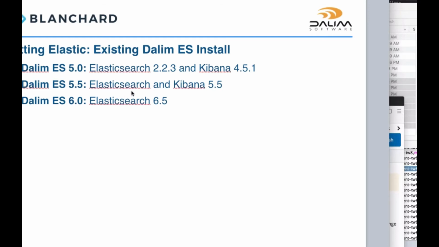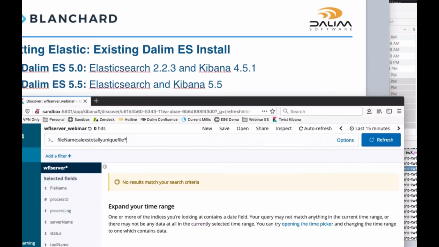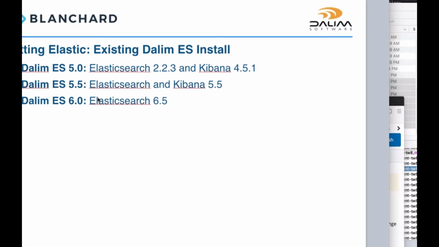So you had to pay them for the ability to lock it down, so that people had to log in to view Kibana, for example. But as of, I think, ElasticSearch 6.3 or 6.4, that's one of the free features where you can lock that down. And on the Dalim side, ES has support for that lockdown as of ES 6.